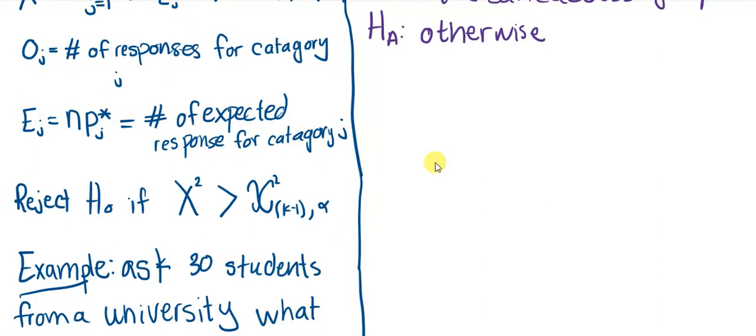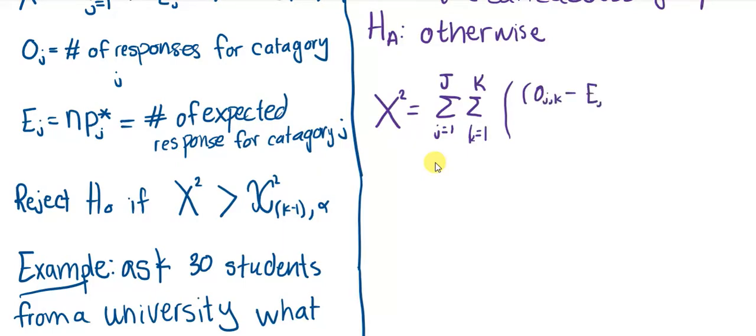Our test statistic, which we still denote X squared, is going to be equal to the sum over all groups and all categories, lowercase k for all populations, of the observed jk minus the expected jk, squared, over the expected jk.